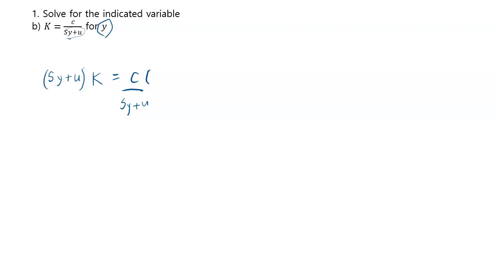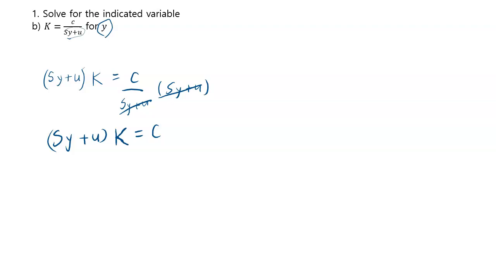So many mistakes are committed because people forget about parentheses. Okay, so on the right side, I'm going to multiply sy plus u, and left side also sy plus u. And because you've multiplied and this is a division, they cancel each other, and you get sy plus u times k equals c, and our evil fraction is gone.